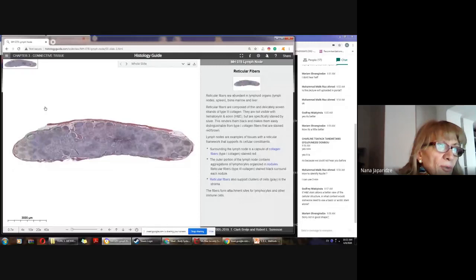So this is the whole lymph node. These are lymph nodules, these small round-shaped structures here. This is the connective tissue capsule, which covers the surface of this lymph node.